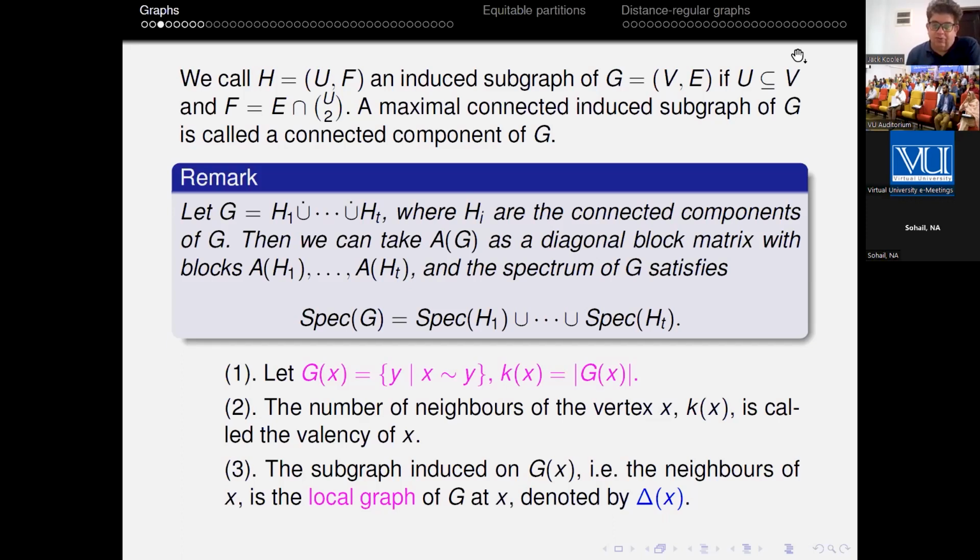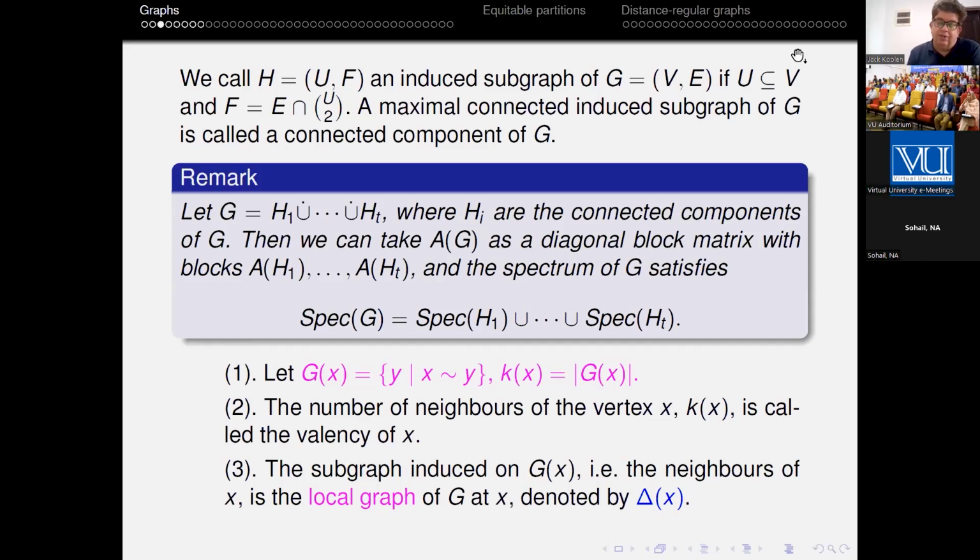And for us, if you have a graph G whose connected components are H1, H2, up to HT, then we take the adjacency matrix as a block diagonal matrix with blocks H1 up to HT.